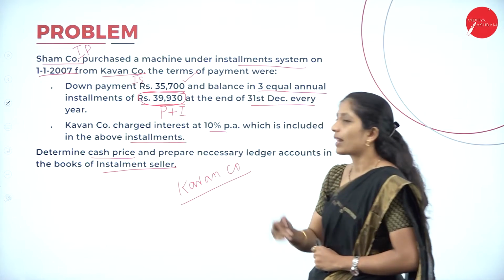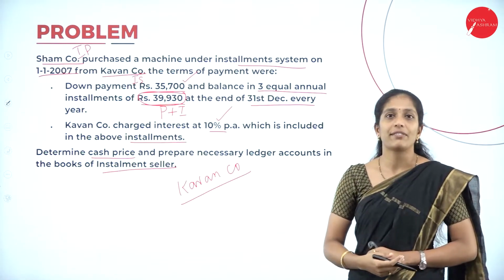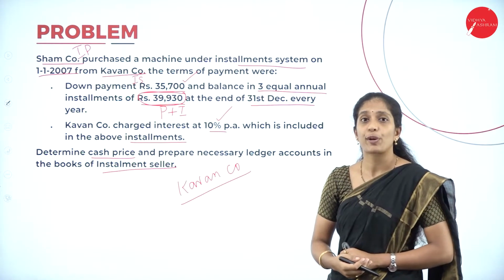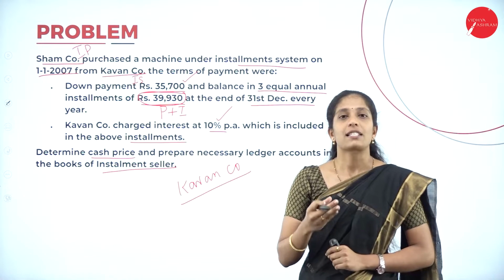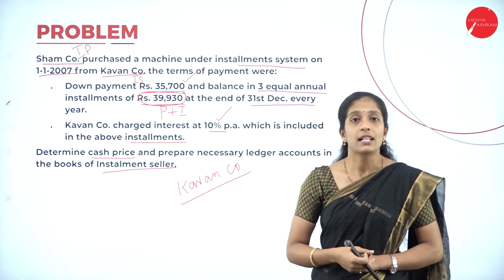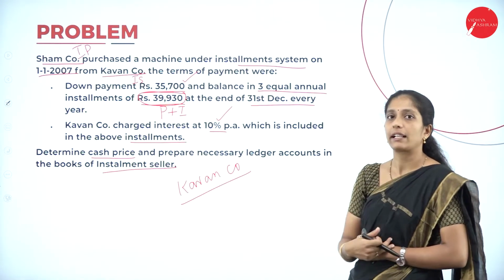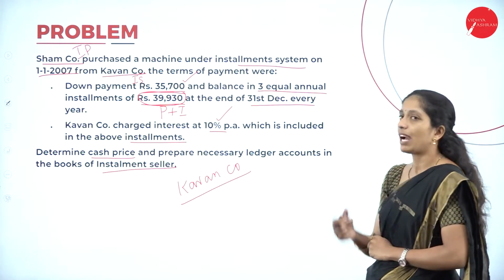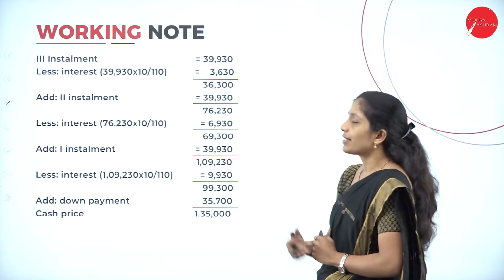Next, they have given rate of interest, 10%. They have not given the depreciation because we are going to prepare entries in the books of installment seller. So here the installment seller is not having the asset, so no need to calculate the depreciation on machine. Next, what they have told, we have to calculate the cash price of the asset and we have to prepare necessary ledger accounts. Now go through the solution here.